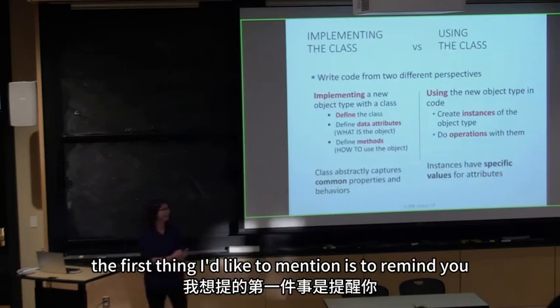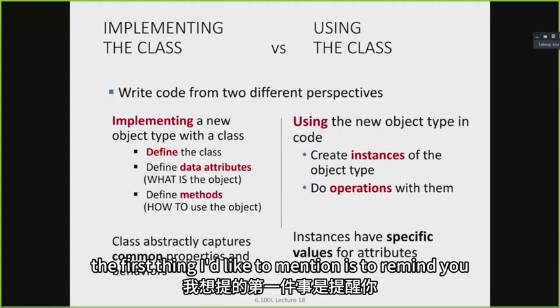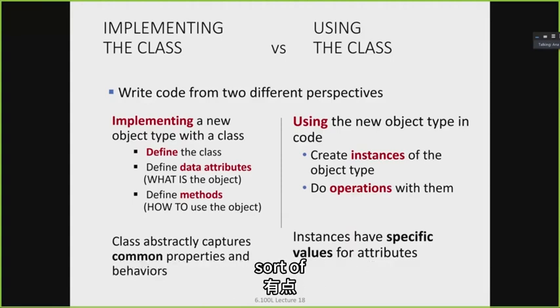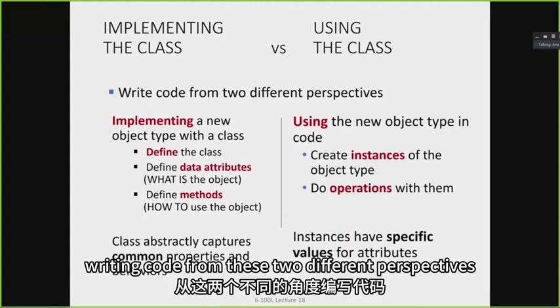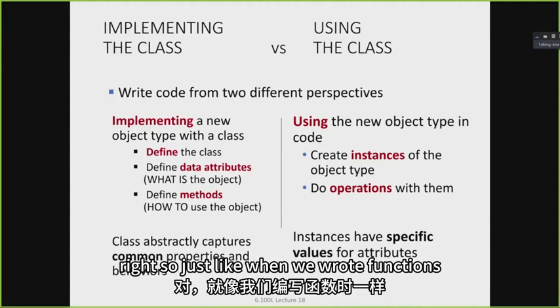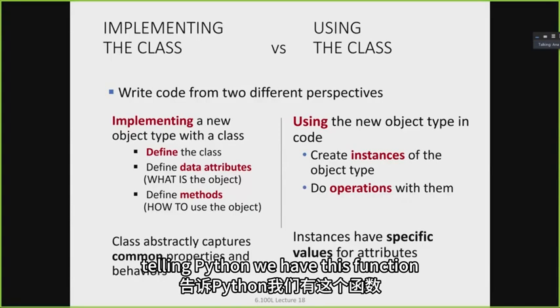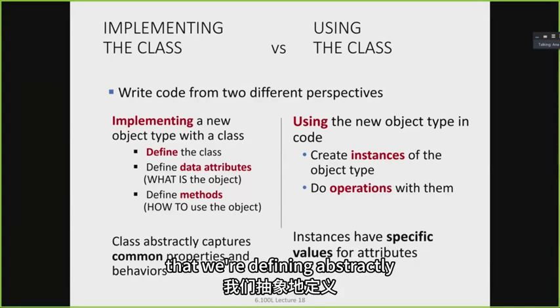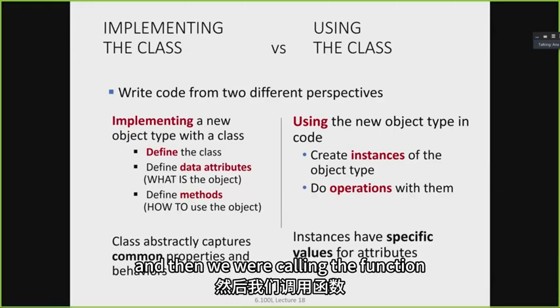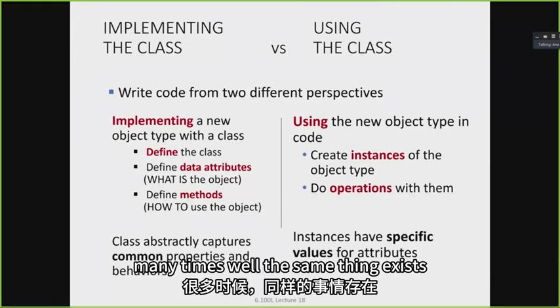All right, so the first thing I'd like to mention is to remind you about writing code from these two different perspectives. Just like when we wrote functions, we were writing the definition of the function, telling Python we have this function that we're defining abstractly, and this is what it does. And then we were calling the function later on in the program many, many times.